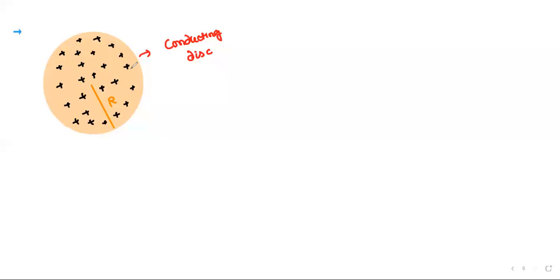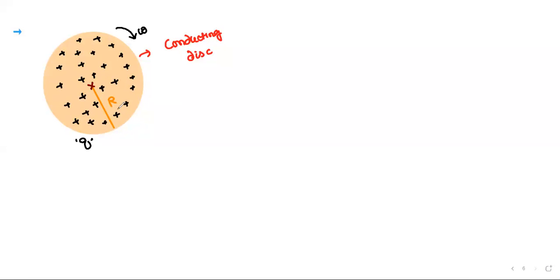I am taking some positive amount of charge, Q given altogether. Now in the same way, I am trying to rotate this disc with some angular velocity about its center. This is the center, about its center I am going to rotate.